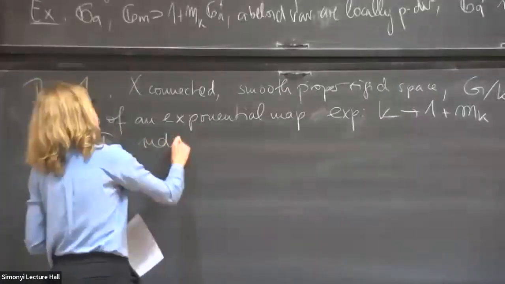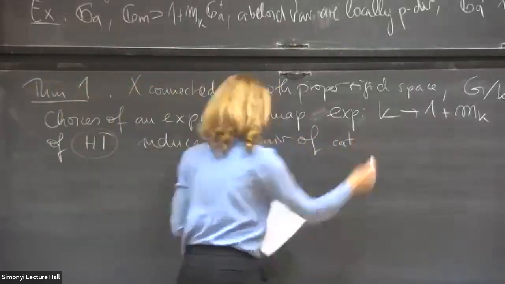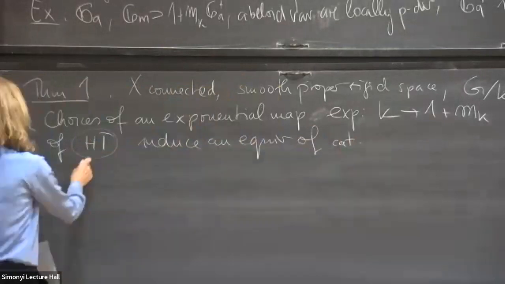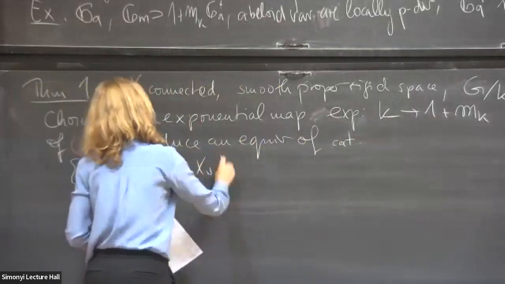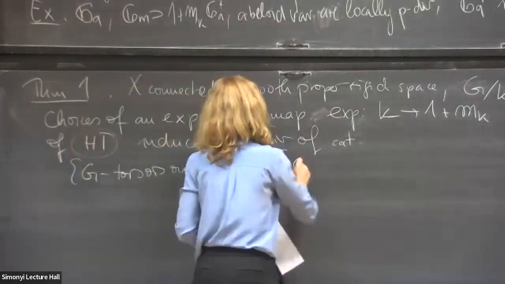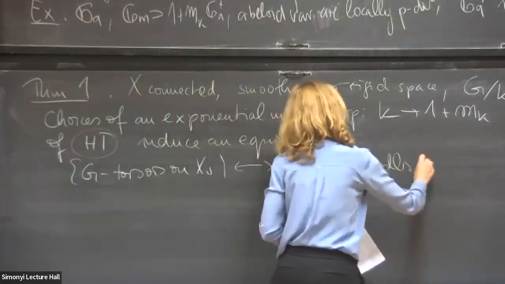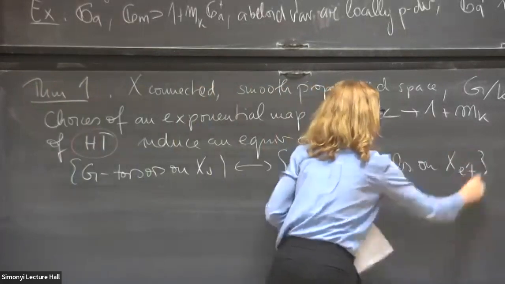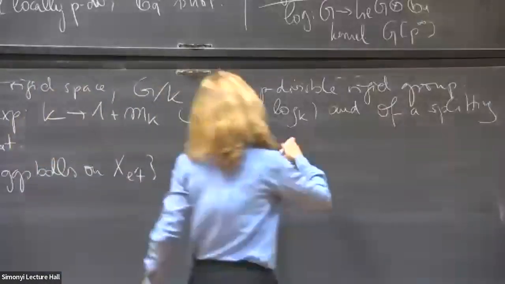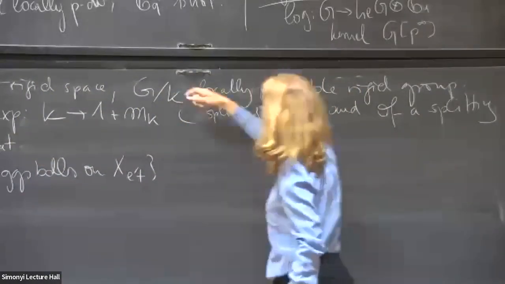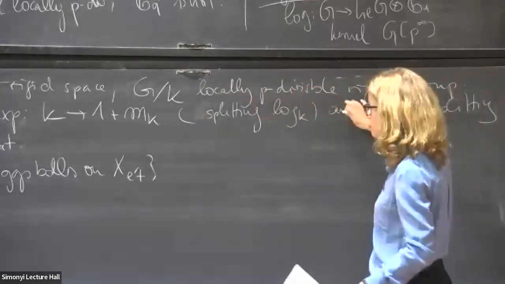These induce an equivalence of categories of this generalized Simpson flavor, namely relating G-torsors on X for the v-topology to G-Higgs bundles on X. So in this case, X is any smooth proper rigid space, and G is a commutative group satisfying a p-divisibility condition, which an example shows is necessary.